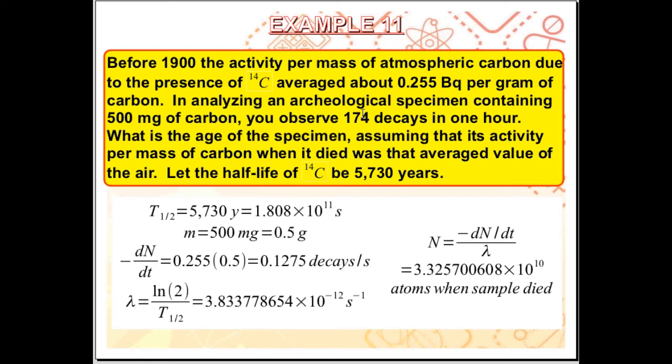In analyzing an archaeological specimen containing 500 milligrams of carbon, you observe 174 decays in 1 hour. What is the age of the specimen, assuming that its activity per mass of carbon when it died was that average value mentioned for the air?